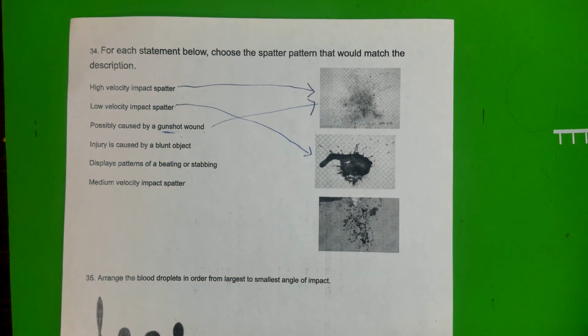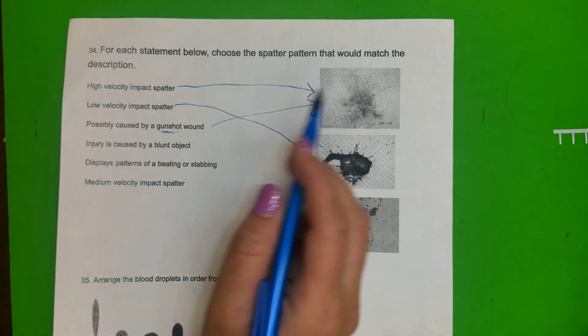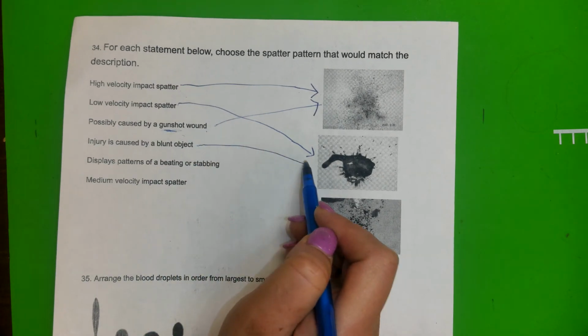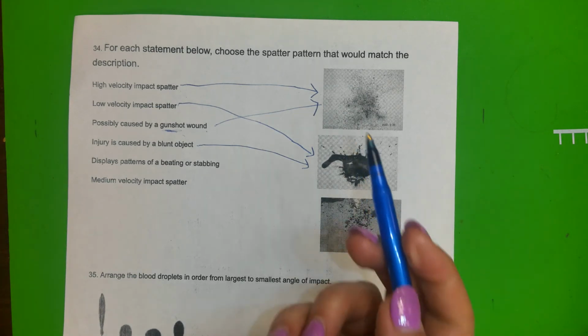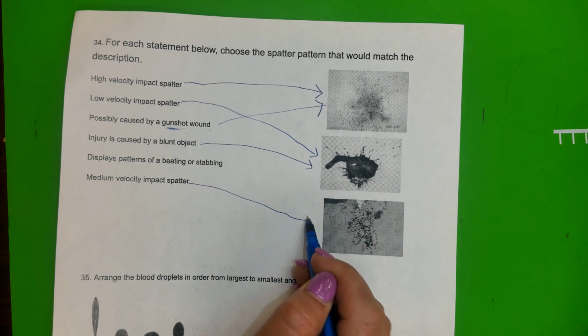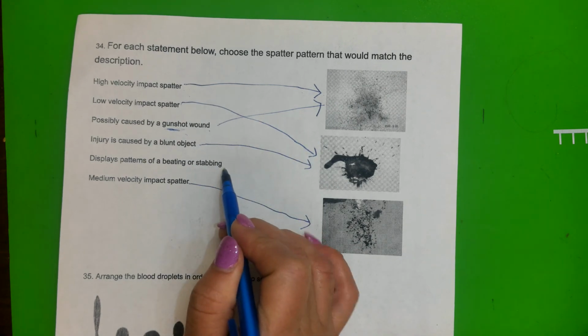Usually that's like a blunt object. And the last one will be the medium one. So this will be medium velocity, and this is like a beating or a stabbing.